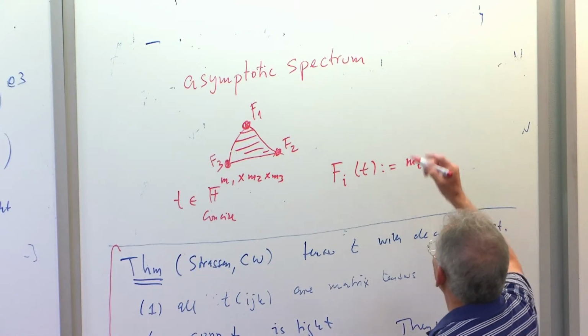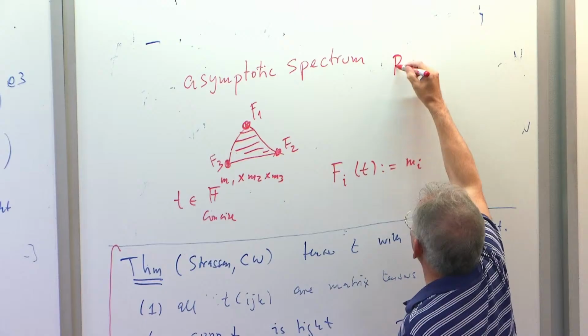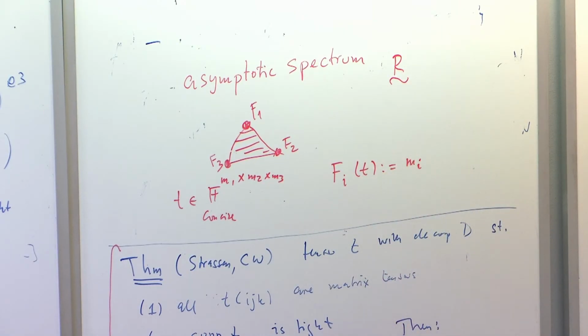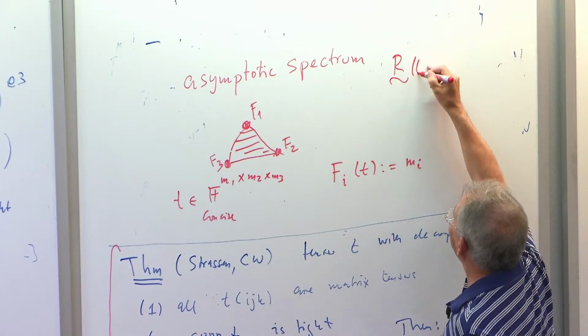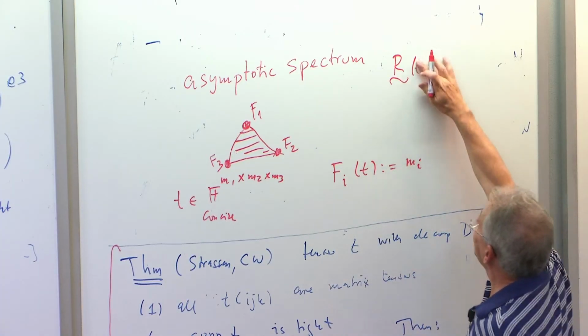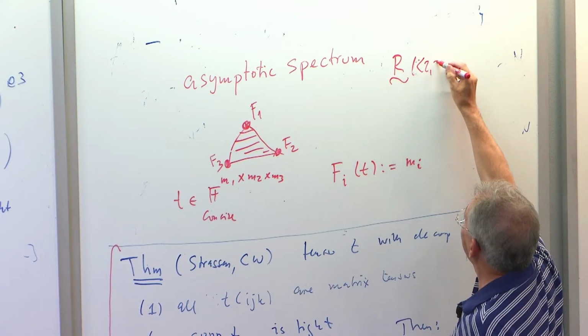During these lectures there was the notion of asymptotic rank. Was it defined? Good, it was defined. Some of us may not remember what the definition was.